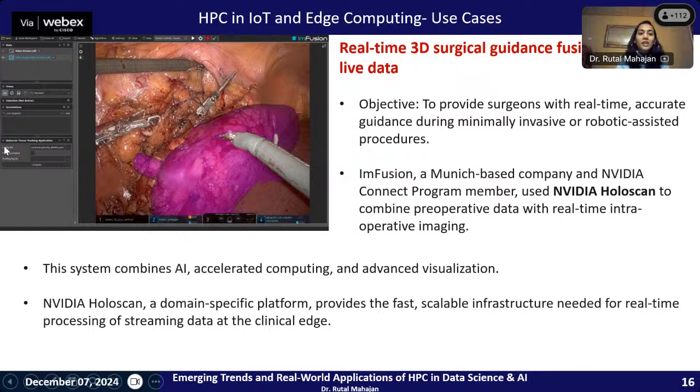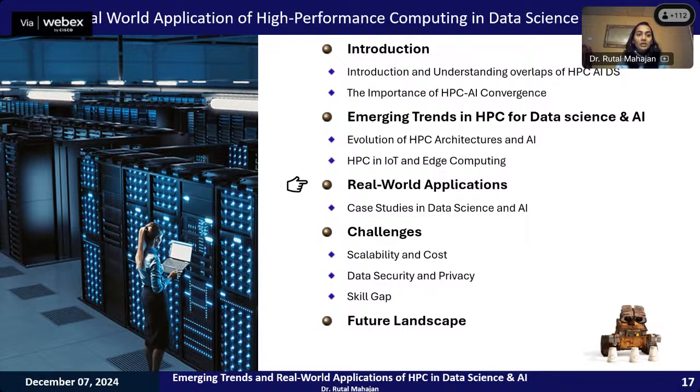For that, NVIDIA's Holoscan has provided a domain-specific platform and the scalable infrastructure needed for real-time processing of streaming data at the clinical edge. There are many other use cases as well, but let's see other real-world applications of HPC in data science and AI.